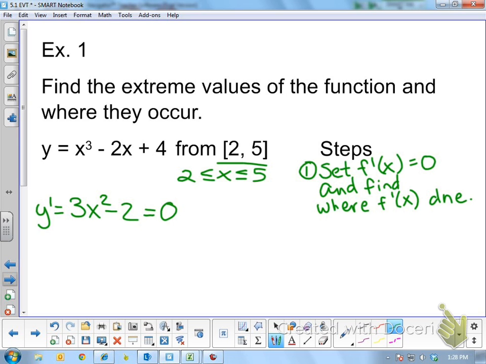Now on this one, I have a polynomial. So where does a polynomial not exist? Are there any values that I could not plug in for x? Polynomials are continuous everywhere. The types of functions that might give me trouble are rational, so fractions.